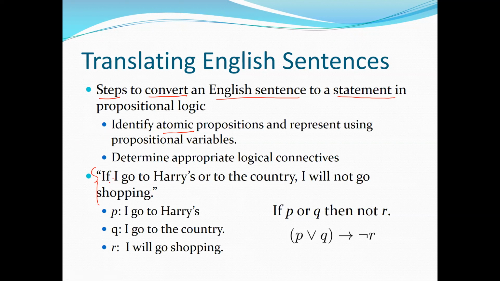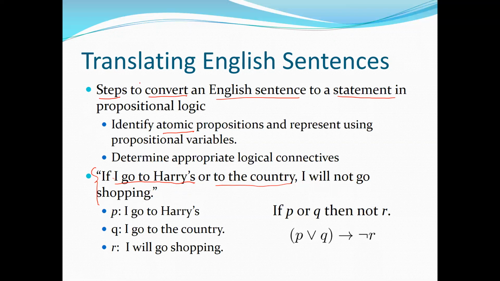So one atomic proposition could be I go to Harris. Another proposition could be I go to the country. Another proposition could be I will go shopping. Remember, whenever we are writing an English statement as an atomic proposition, we usually ignore the not and other such things. So we straightforwardly take the complete sentence.